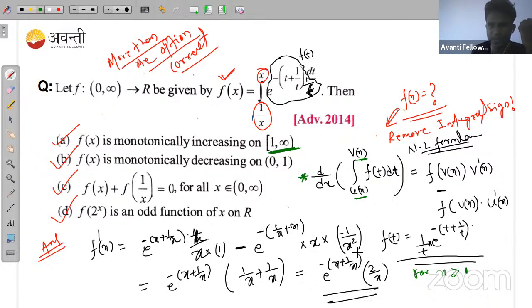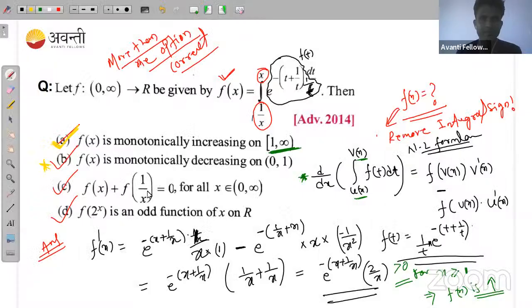Positive. Yes. Since e to the power anything is always positive, 2/x will again be positive since x is greater than 1. So this will be greater than 0. That means I can say that if the derivative is always greater than 0 for x greater than 1, can I conclude that f of x is increasing? Increasing, I am writing this. Okay. So that means option A is correct. And this is galat ho gaya.